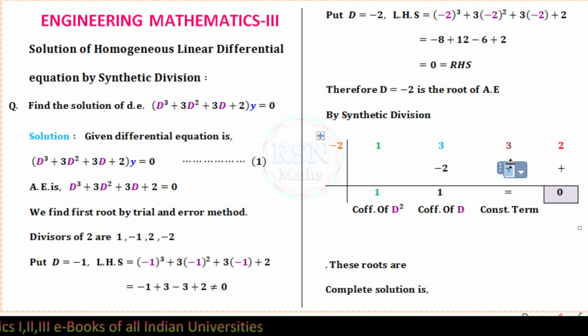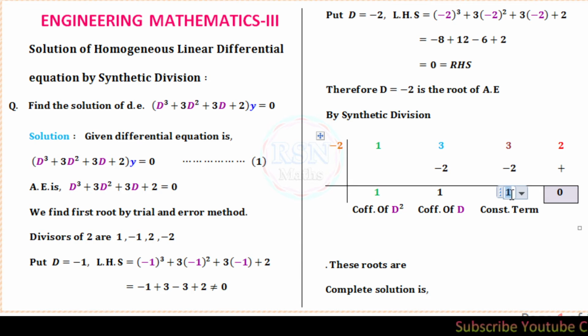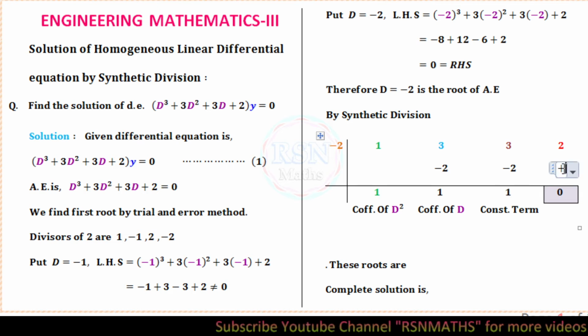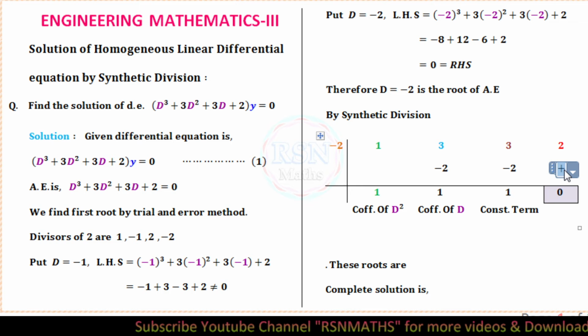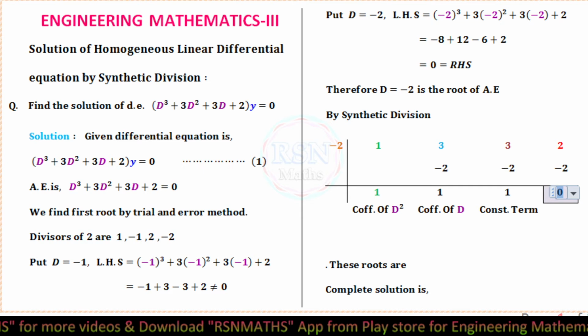Now add these two elements, its sum is plus 1, correct? Again multiply -2 and this element and add it with the last element 2: -2 into 1 is again -2, and the sum of these two elements is lastly 0. Are you getting this synthetic division?